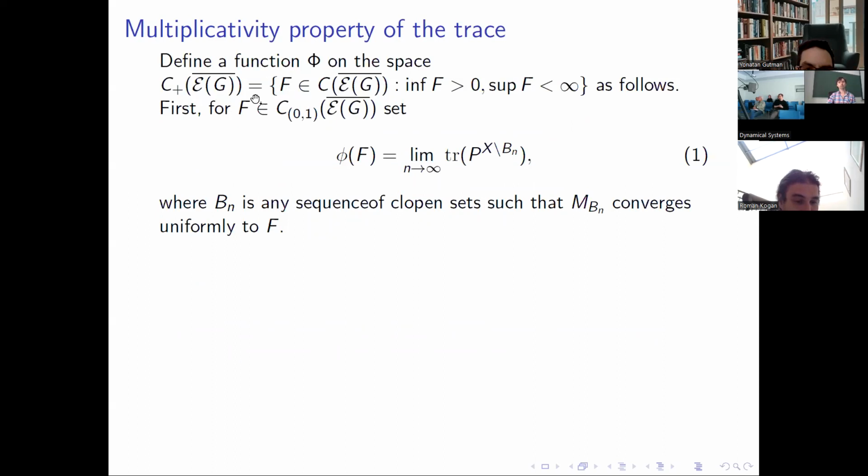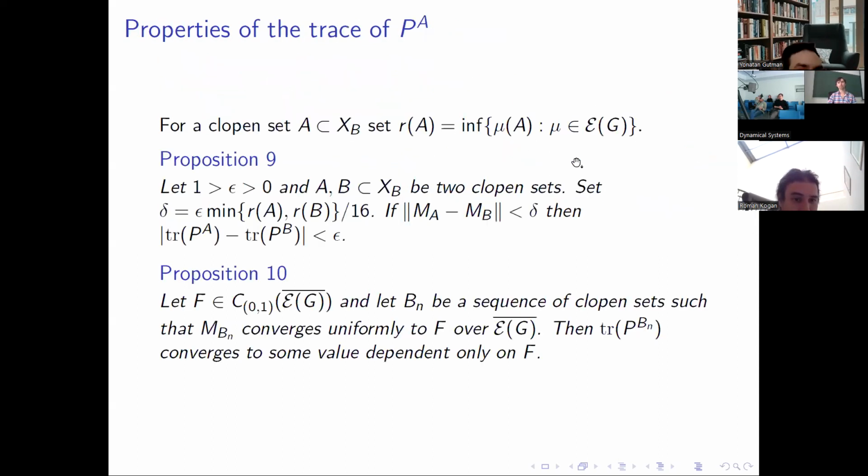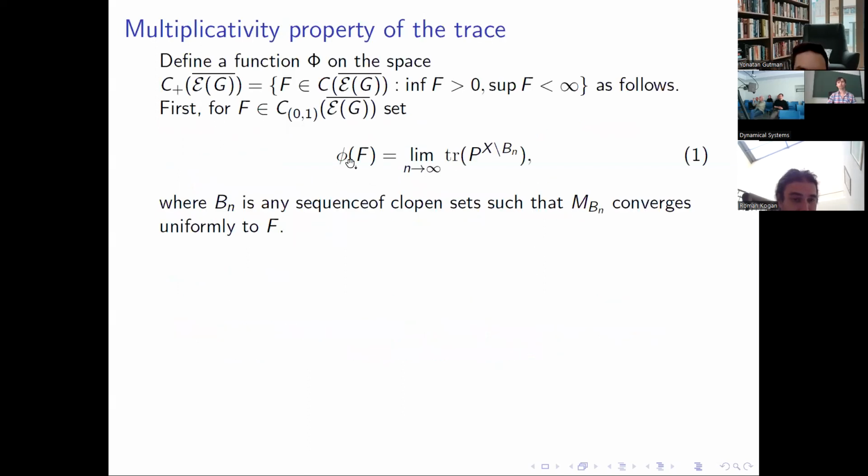So having a function f with values between 0 and 1 on the space of ergodic, almost ergodic measures, we can find a sequence of closed sets B_m as before, such that M_{B_m} converges to f. And then by previous proposition, we have that the value of the trace will converge to something dependent only on f, so we can define it as a function lower phi of f.